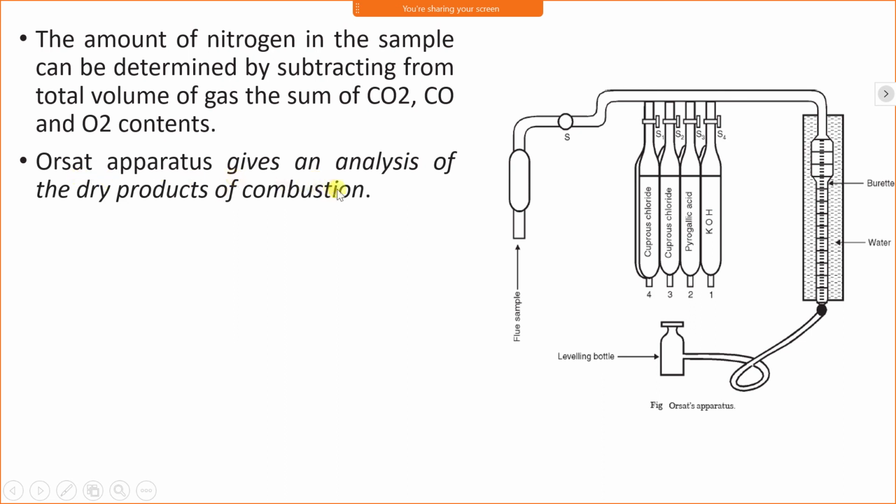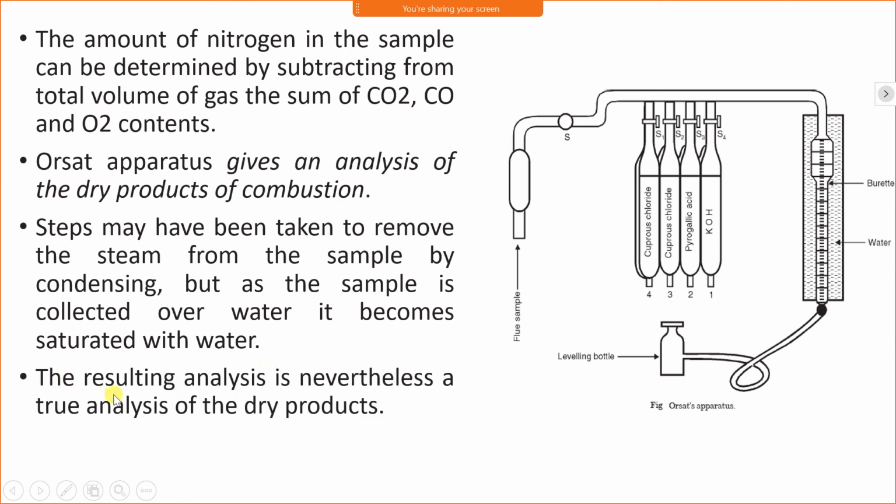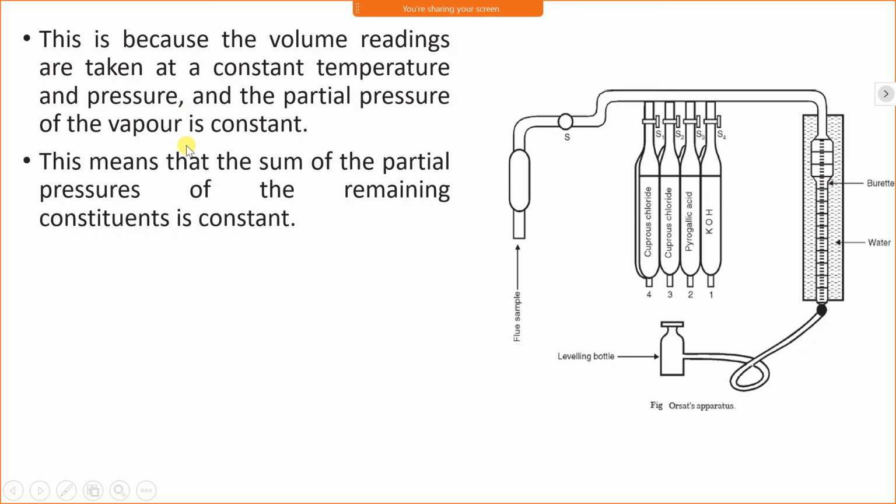The Orsat apparatus gives an analysis of the dry product of combustion. Steps may be taken to remove the steam from the sample by condensing, but as the sample is collected over water, it becomes saturated with water vapor. The resulting analysis is nevertheless a true analysis for the dry product. This is because the volumetric readings are taken at constant temperature and pressure, and the partial pressure of the vapor is constant.